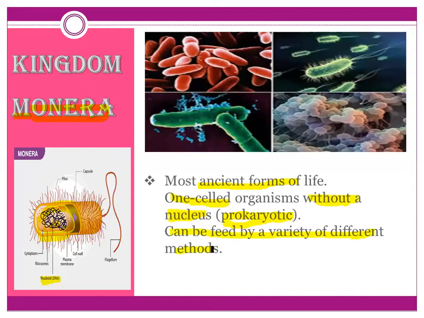Their modes of nutrition are different, meaning some of the living organisms that belong to kingdom Monera can prepare their food by themselves just like plants, and some cannot make their food just like animals. So some act like plants, some act like animals, but they are not plants and animals because they are prokaryotes, meaning without a nucleus. They have DNA, but DNA is found inside the cytoplasm. And here you have all the unicellular organisms in kingdom Monera, no multicellular organism.